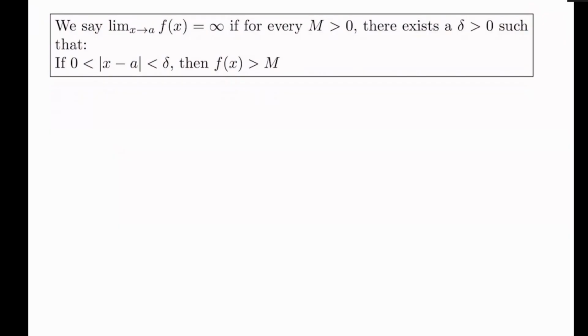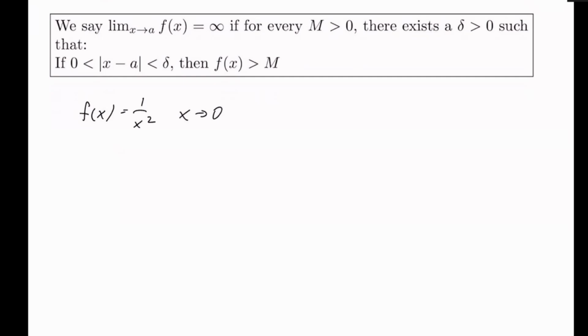Now, what if a function doesn't approach a finite value? Consider a function f of x equals 1 over x squared as x goes to 0. The function grows without bound. For infinite limits, we modify our definition.